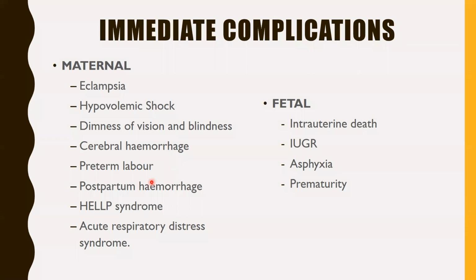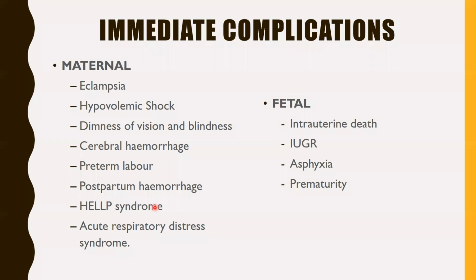postpartum hemorrhage, where one bleeds after they deliver their baby, and then HELP syndrome, which we're going to understand, as I said. There can also be acute respiratory distress syndrome, and this may be due to the pulmonary edema that has come in due to the disease.